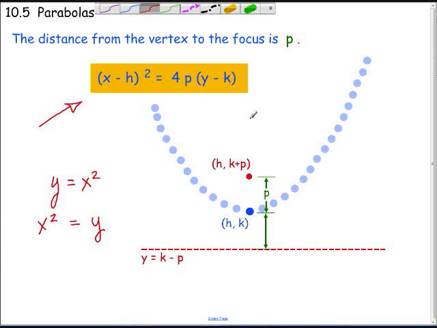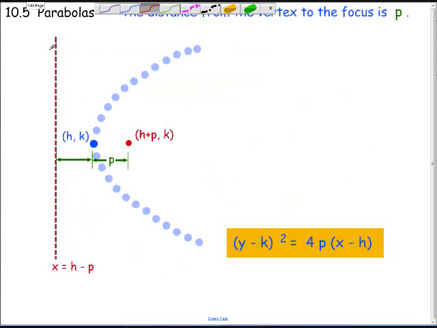This is the one we're familiar with, and this is the one where we have an axis of symmetry that is vertical. We're going to look at some that have an axis of symmetry that is horizontal in just a minute. Here it is.